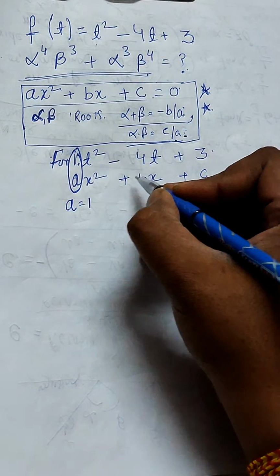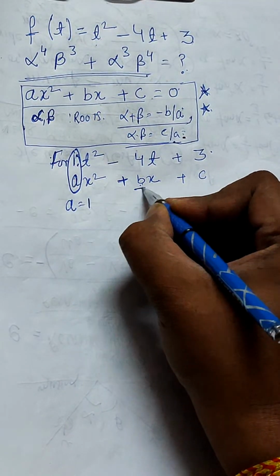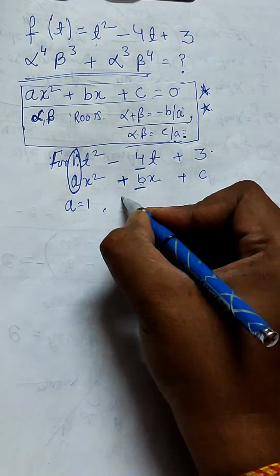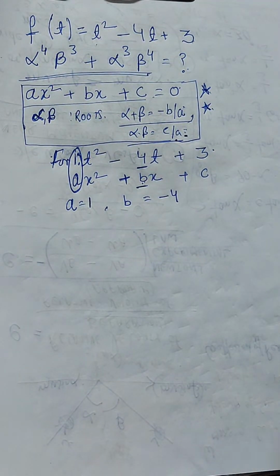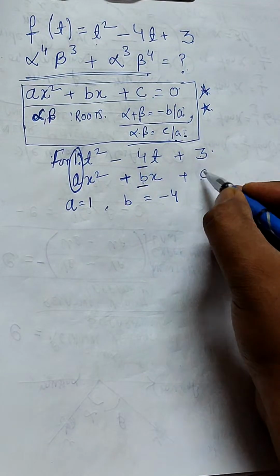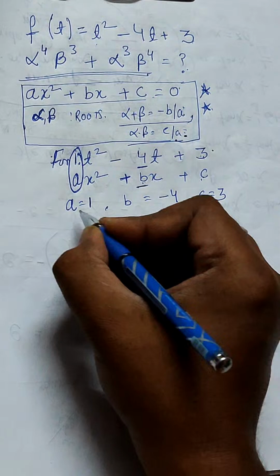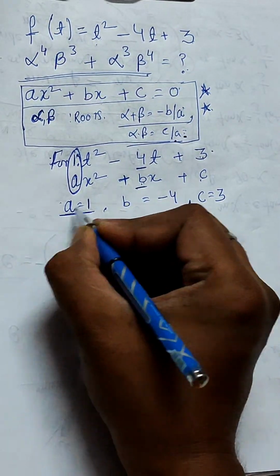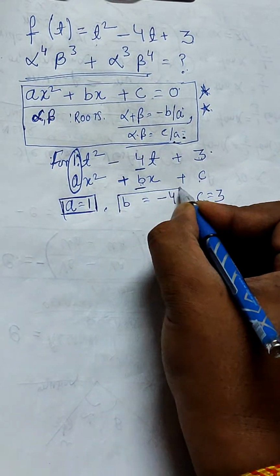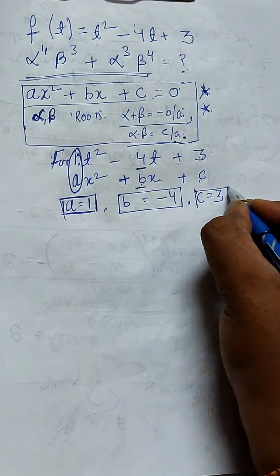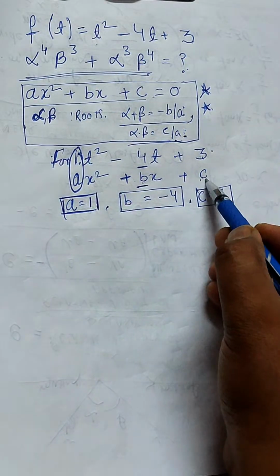And comparing here, it's minus 4, so the value of b is minus 4, and the value of c is 3. So these are the three values which we identified upon comparing with the standard form of the quadratic equation, ax square plus bx plus c.